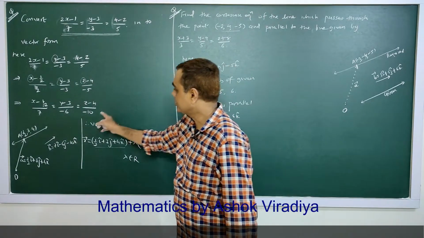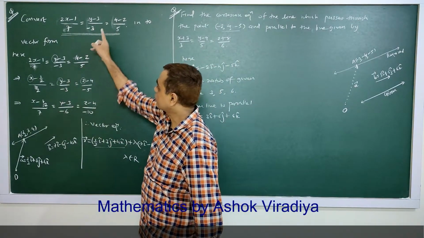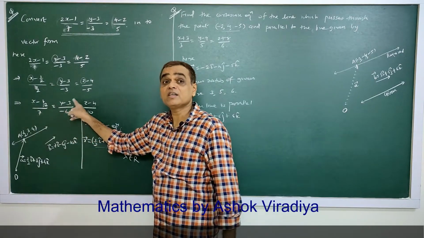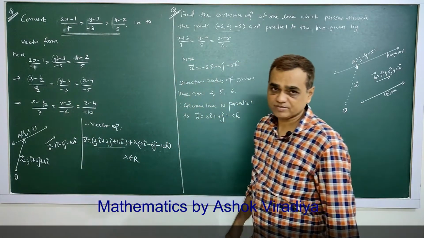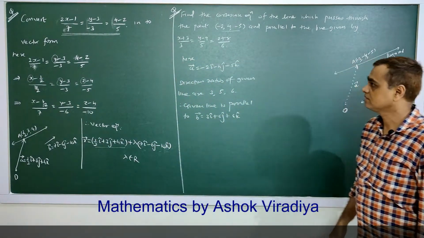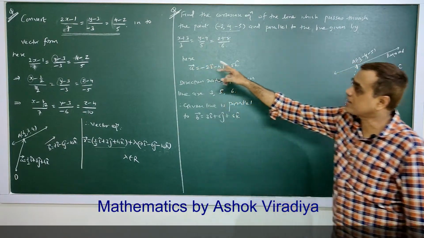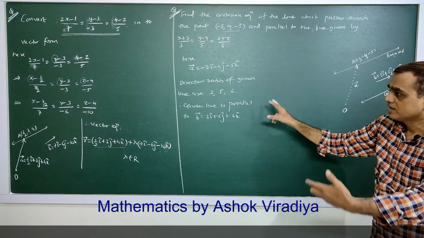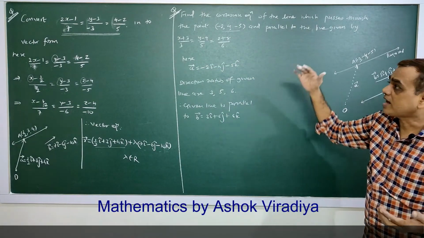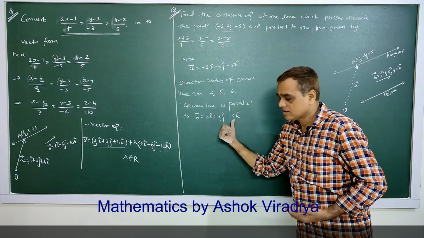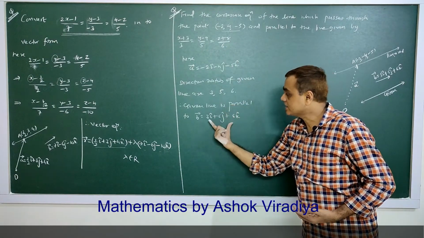Before taking direction ratios, you have to convert that equation into the form x minus x1, y minus y1, z minus z1. So here the coefficients of x, y, z are already 1, 1, 1. That's why 3, 5, 6 are direction ratios. Hence the vector parallel to this line is vector B.